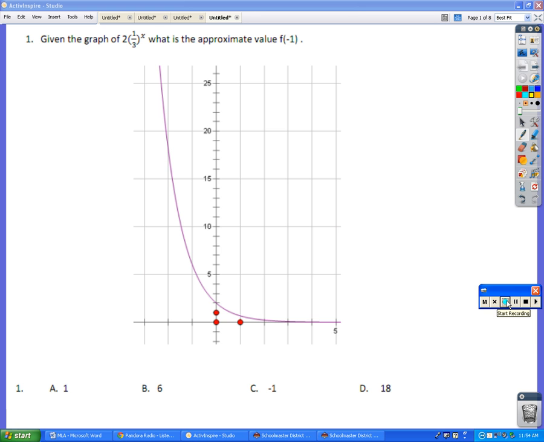So number one says, given the graph of 2 times 1/3 to the x, what is the approximate value of f of -1? Okay, so right off the bat, for you girls in the back that were asking about this, this is an f of problem.